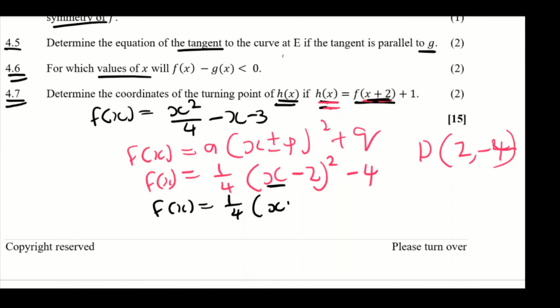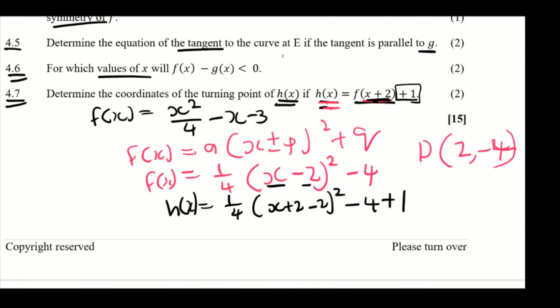It's going to be x plus 2, and then you write this minus 2 here, so it's minus 2 all squared, and then you're going to write plus 1, right? So it's minus 4 plus 1. So that is going to be your h of x. So let me remove this here since I substituted the values. So it's going to be the equation of the h of x.